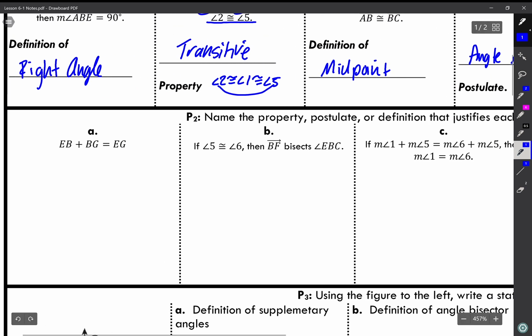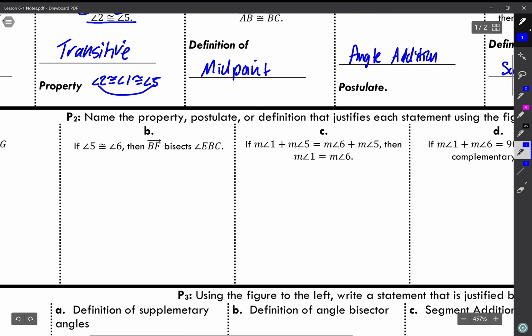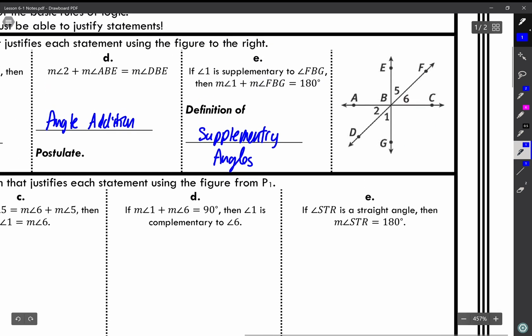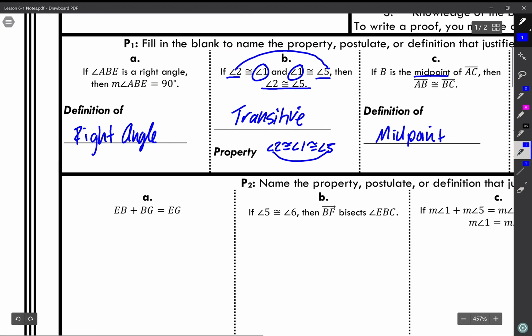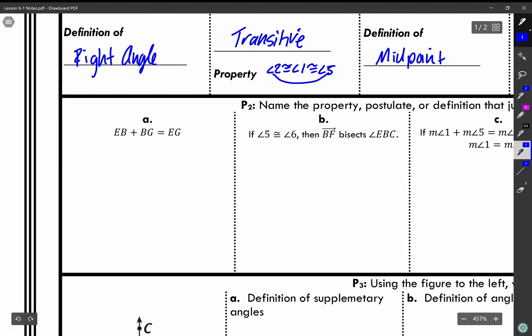Okay, so it says EB plus BG equals EG. So I'm adding the lengths of two segments to equal the length of the segment they create together. So we're adding two segments. This is going to be the segment addition postulate.